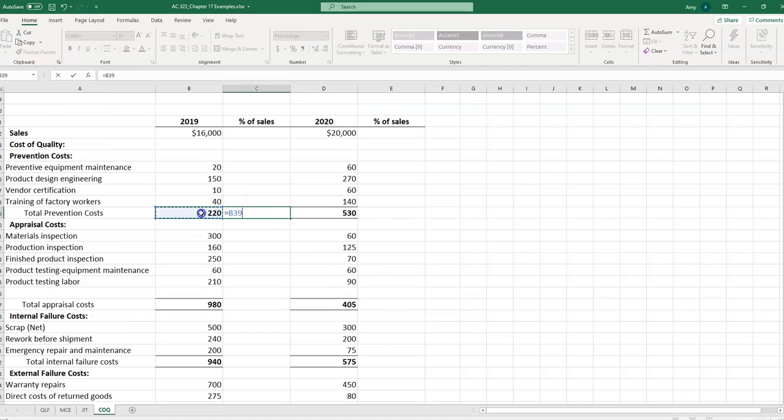We take each prevention measure divided by sales.